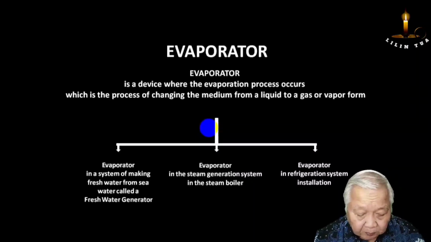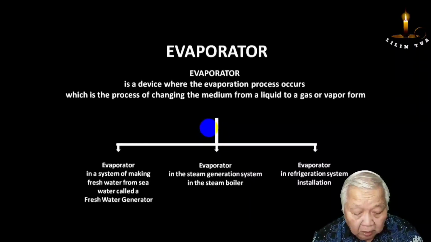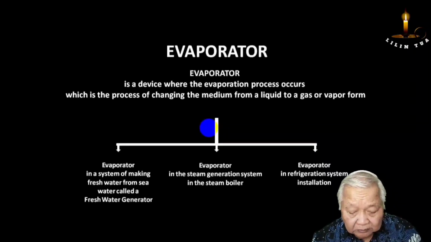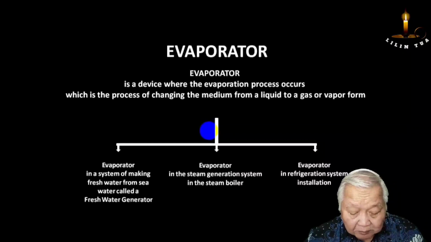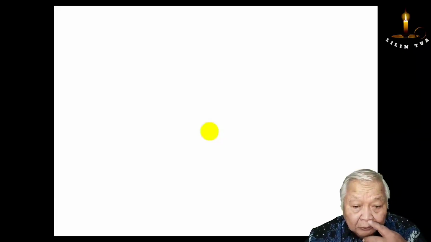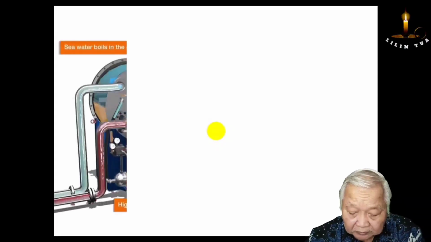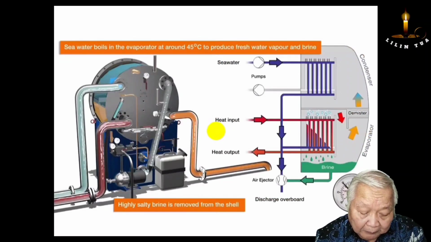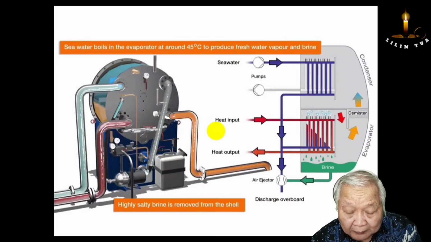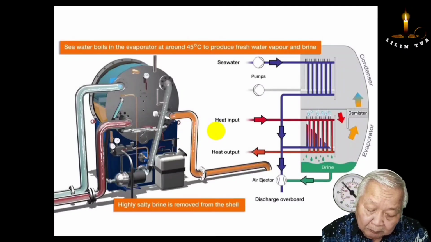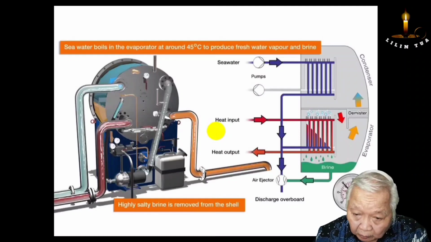Well, the following is the diagram of the freshwater distiller, where the plate type evaporator is located in addition to the other main component, the condenser.